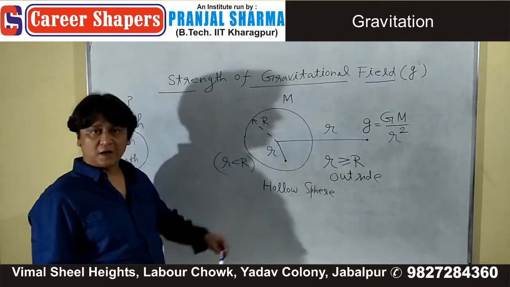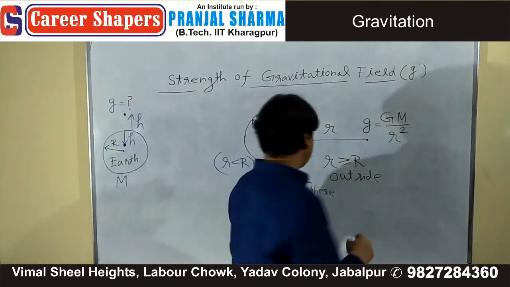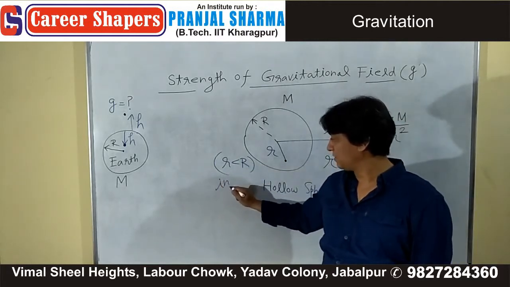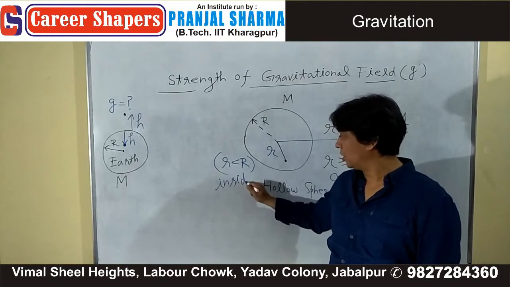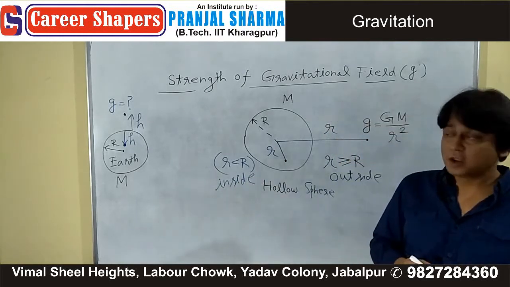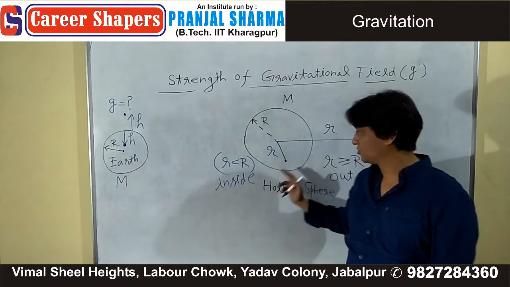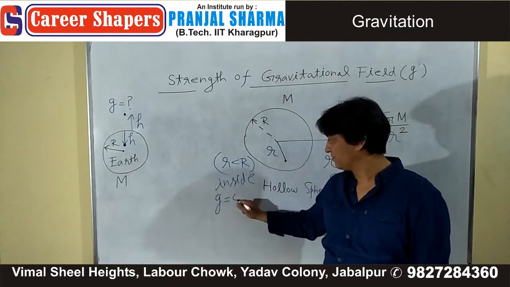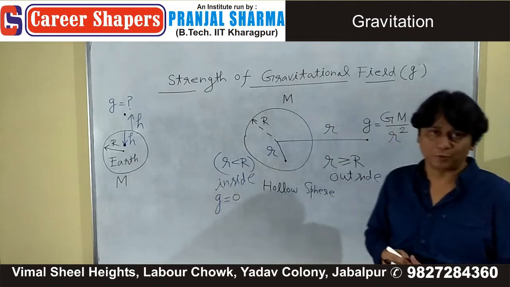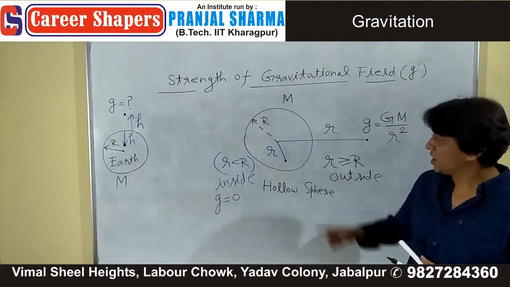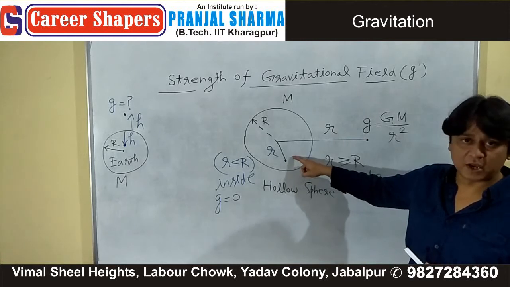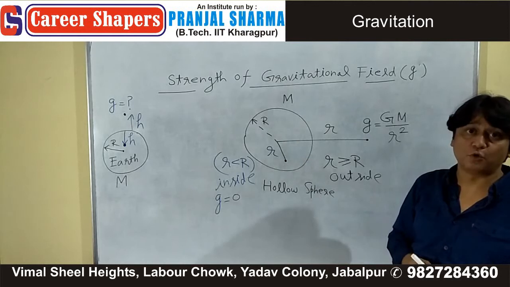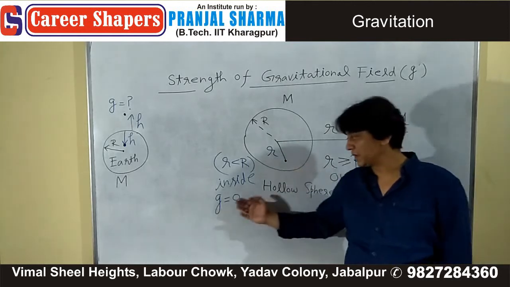And when you write r less than R, then you are inside the hollow sphere. Now, when you are inside at this point, g, strength of gravitational field, is zero. What does it mean? If you place a unit mass inside a hollow sphere, then it will experience no force, because what is g?